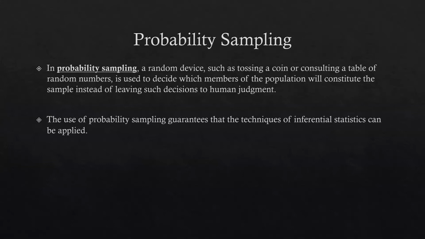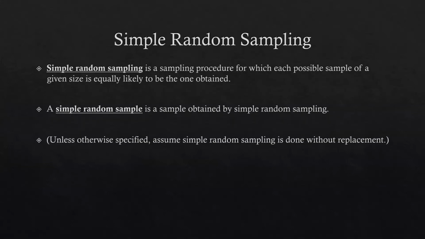And it's good because it guarantees that you're going to be able to use inferential statistics to draw a conclusion, because there's not that human judgment error in there. So you'll be able to take that information and draw a conclusion on it. But unfortunately, there are more efficient ways of sampling, and we'll get to a few of those a little later.